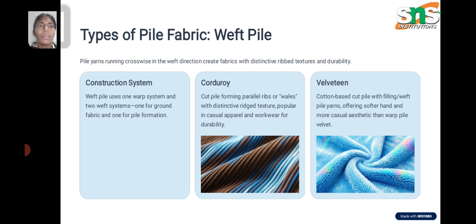Construction systems: weft pile uses one warp system and two weft systems, one for ground fabric and one for pile formation. Corduroy: cut pile formation, parallel ribs or wales with distinctive ridge texture, popular in casual apparel and workwear for durability. Velveteen: cotton-based cut pile with filling weft pile yarns, offering a softer hand and more casual aesthetic than the warp pile velvet.